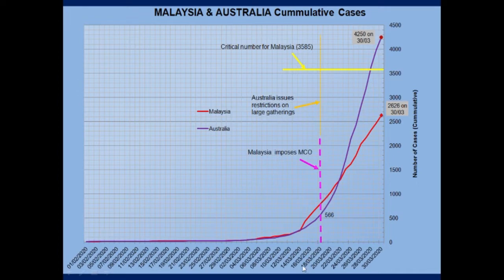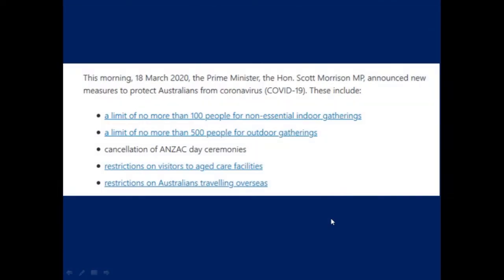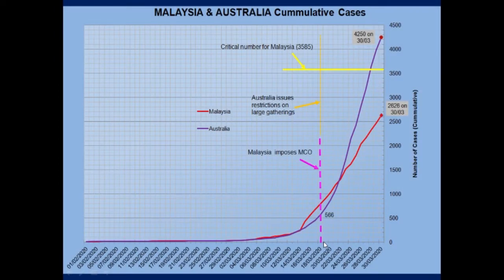For example, in Australia, the government issued restrictions on large gatherings on the 18th of March, and Malaysia imposed the MCO, Movement Control Order, on the same day, 18th of March, which was on Tuesday, 2 weeks ago. On this graph, you can also see the line which I've drawn on the 18th of March. This vertical line is where the governments of both countries imposed the restrictions on movement.